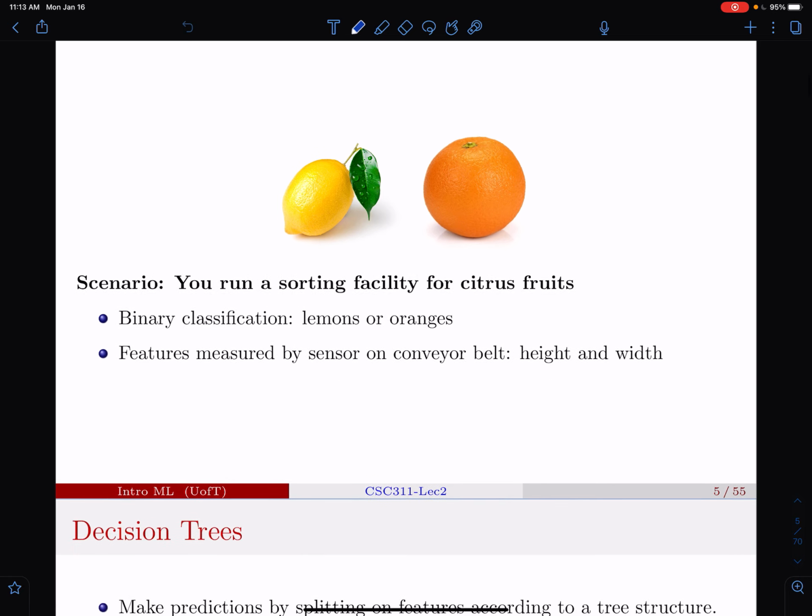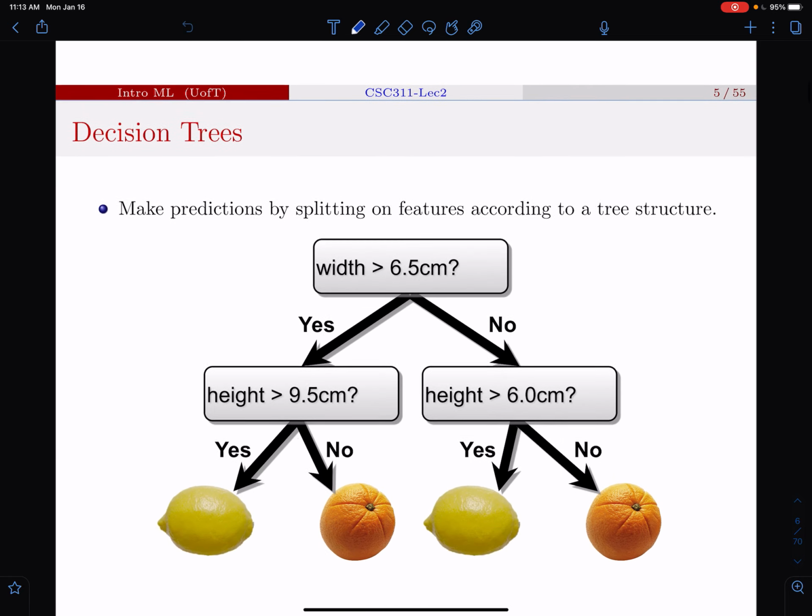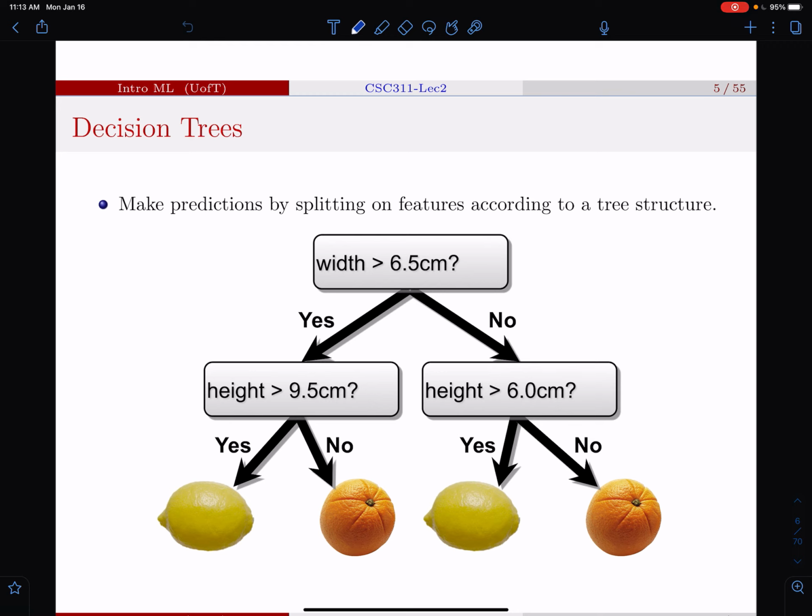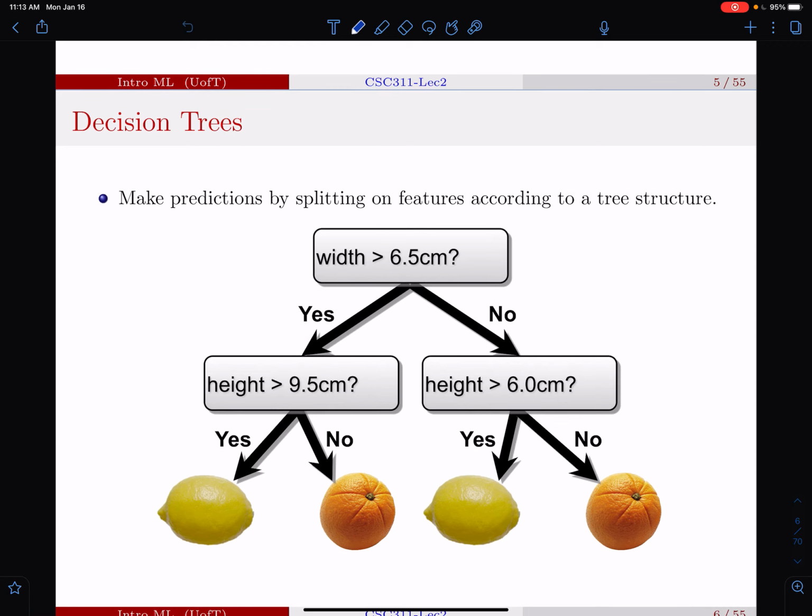So one pretty natural way to do this, and which you've probably seen before in other areas, is something called a decision tree. The way this works is we start at the top of the tree, and then we look at what the tree specifies in the particular node. For example, it might be asking something about a feature like the width, and if the width is greater than 6.5, we go to the left branch. If not, we go to the other branch.